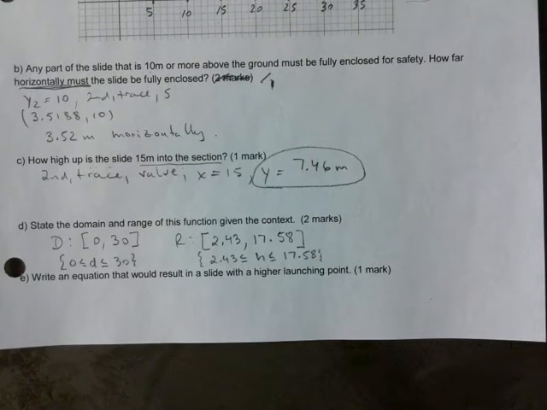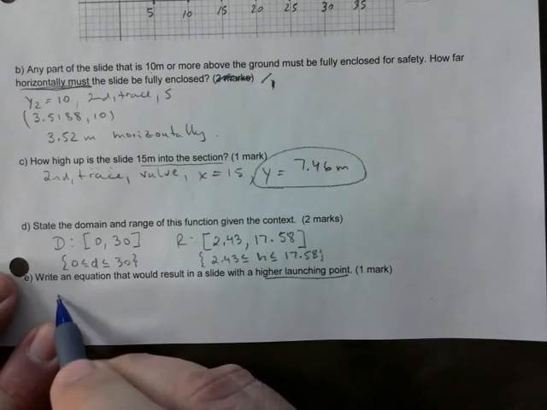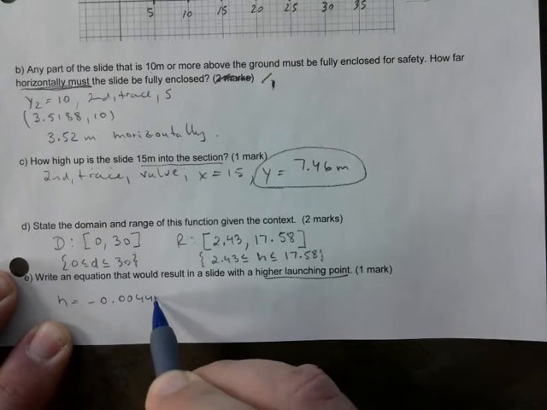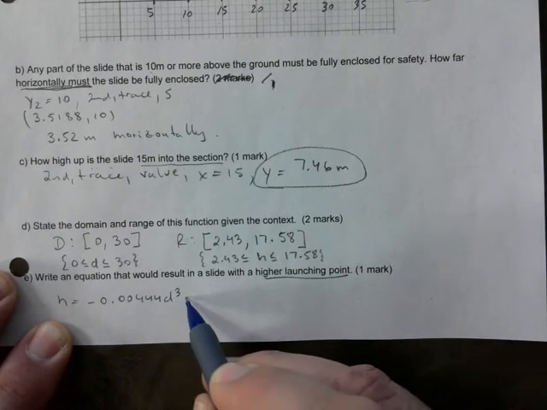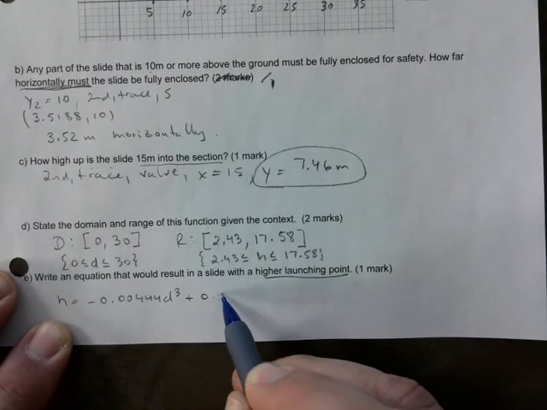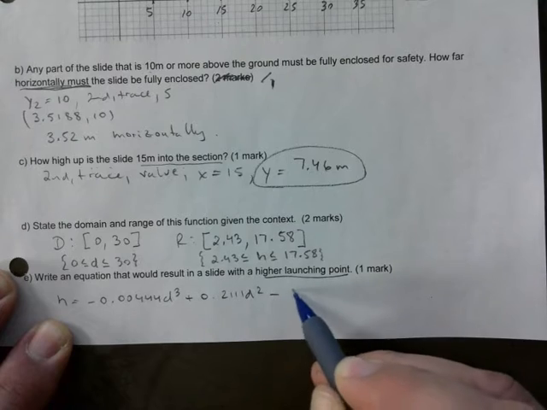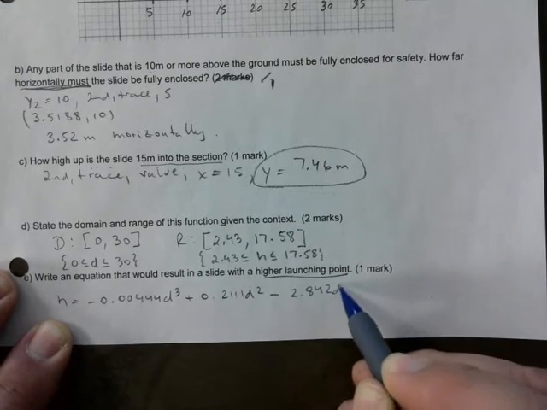Write an equation that would result in a slide with a higher launching point. So we go h minus 0.00. You basically want to copy everything else to be safe, minus 2 point, and I will show you what I just figured out.